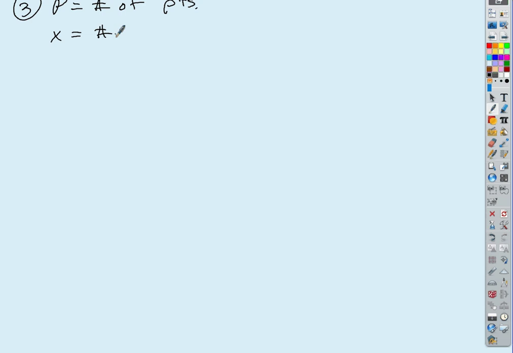Extra points from the touchdown. Okay, so number of TDs or extra points, right? Is that what they want? Either way, they go together, right? Touchdowns and extra points. And then Y is the number of field goals, right? Make sense?